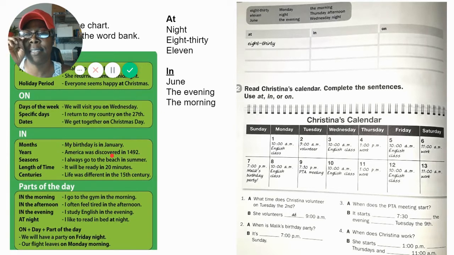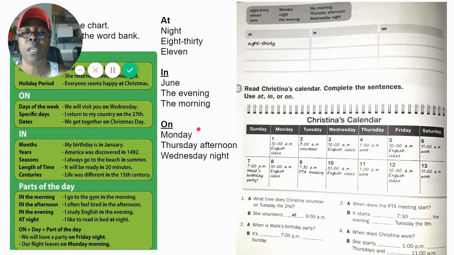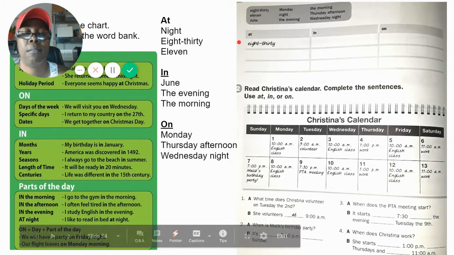Okay, I hope that doesn't drive you too crazy, but that's how it is. So, and then we also use, again, for specific dates, we get together on Christmas Day. All right, so let's look at from up here, what we will use for on. On Monday, on Thursday afternoon, on Wednesday night. Okay. All right. So that's exercise 1.